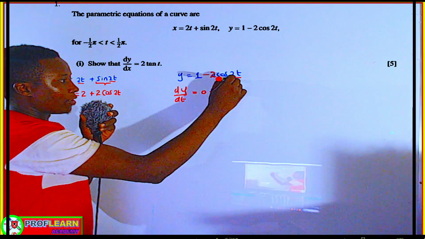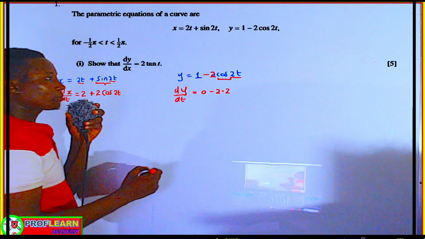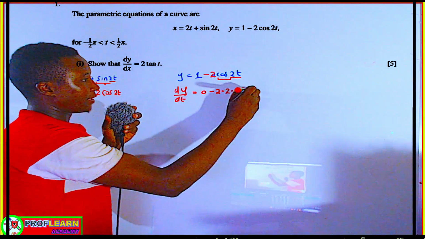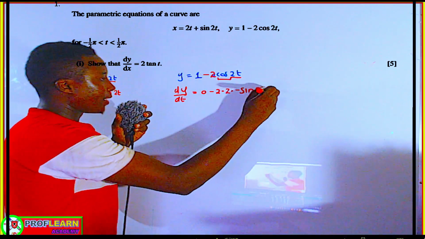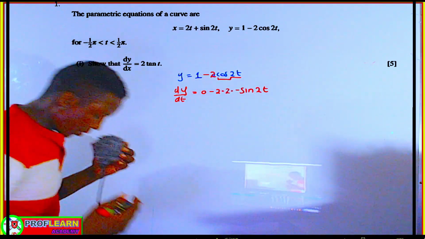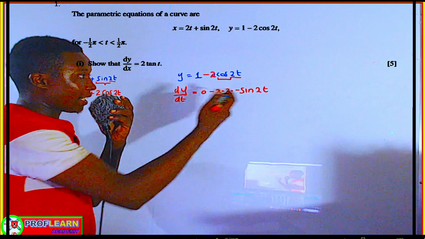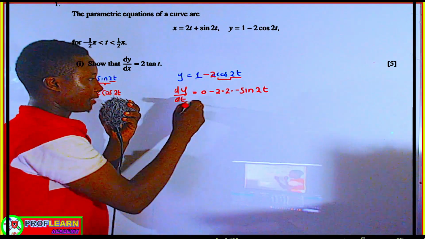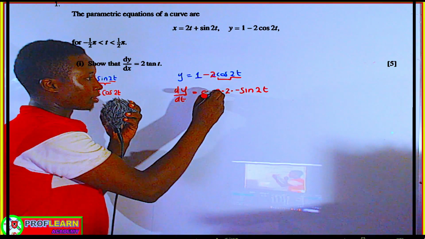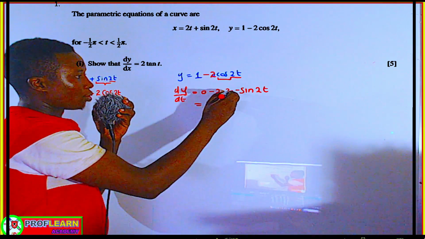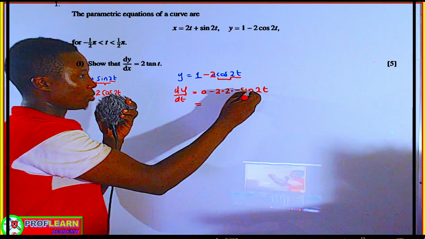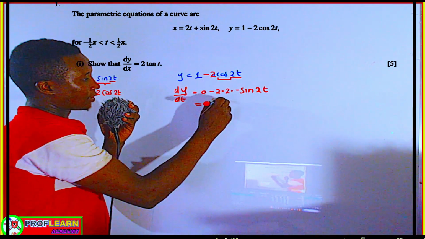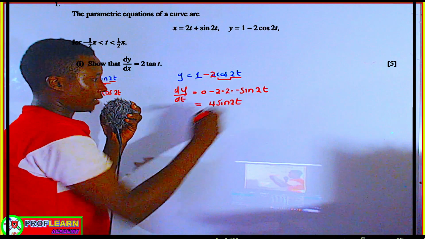Then we now differentiate cos, and differentiating cos you are going to get negative sine, write 2t the way it was. So that is how you differentiate trigonometric functions which are having 2 or any number in them. So this is minus 2 times 2 times sine 2t, and this is going to translate to 4 sine 2t.